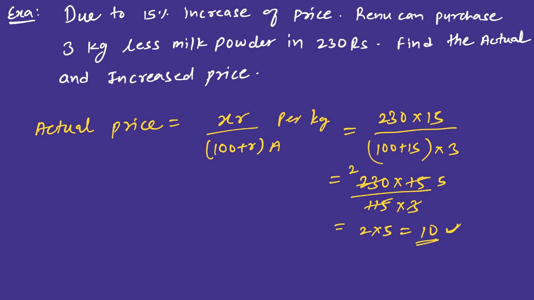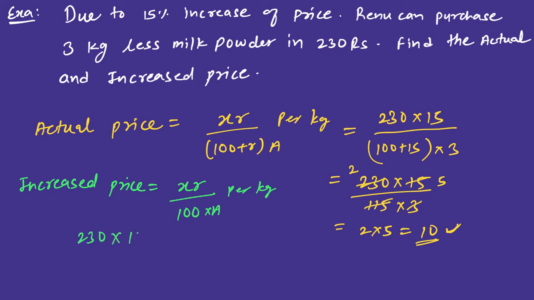Now we will calculate the increased price. So the formula for increased price is XR divided by 100 into A per kg. Value of X is 230 and value of R is 15, divided by 100 into the value of A, which is 3.